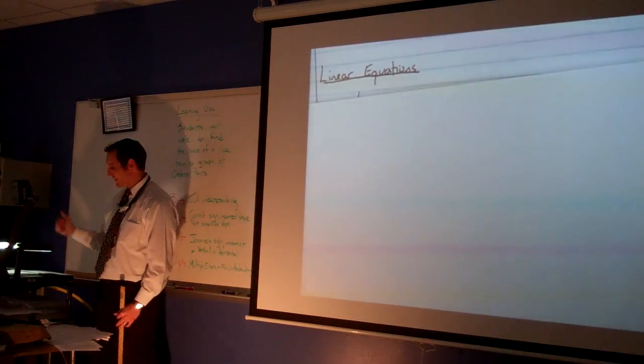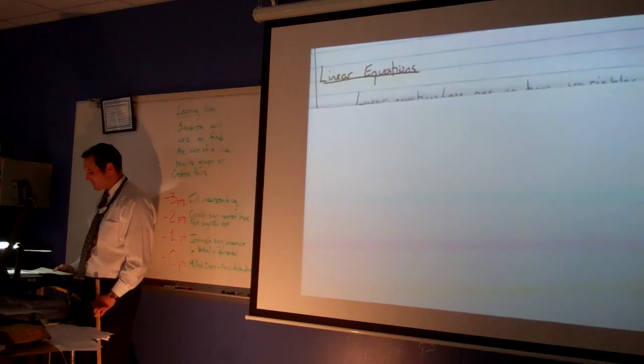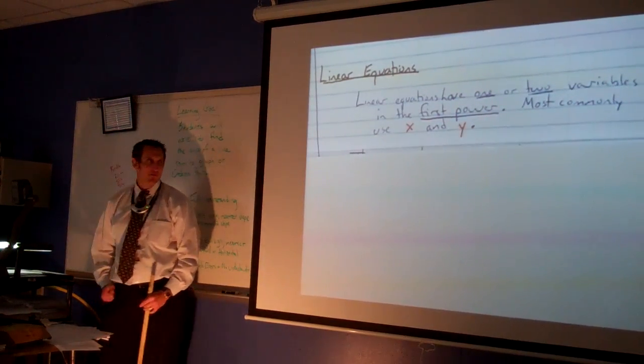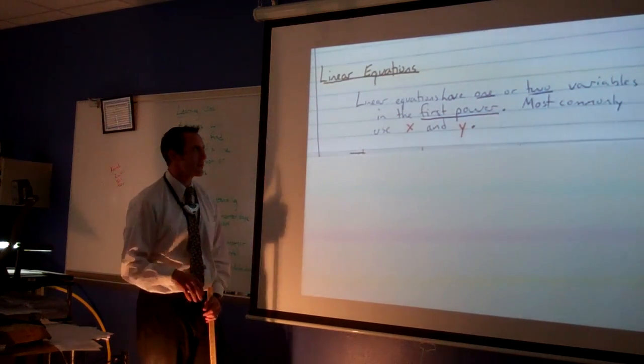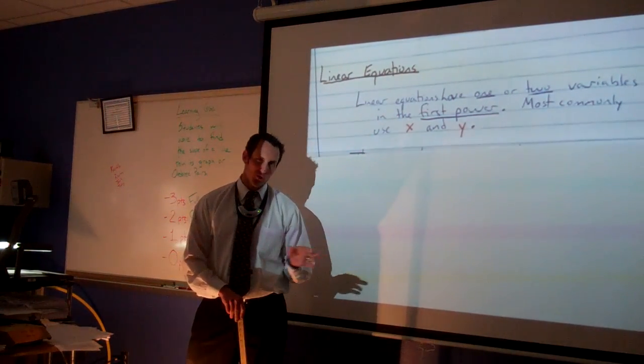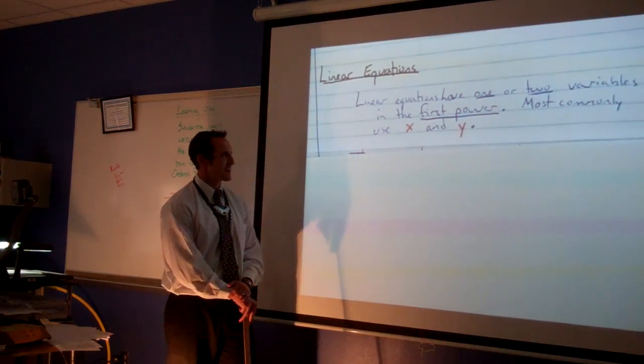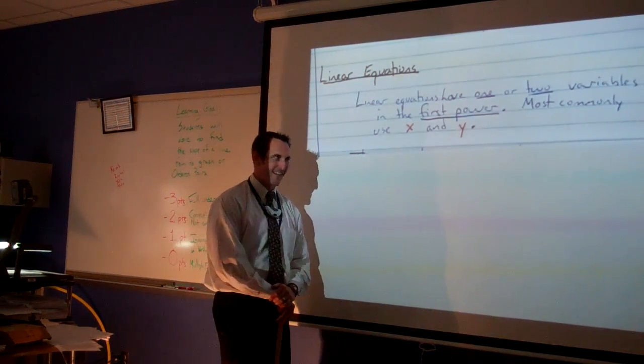So we get into learning about linear equations. What indeed is a linear equation? So the vocabulary we deal with, linear equations have either one or two variables, and those variables are in the first power. More specifically in the numerator, but we won't worry about that right now.